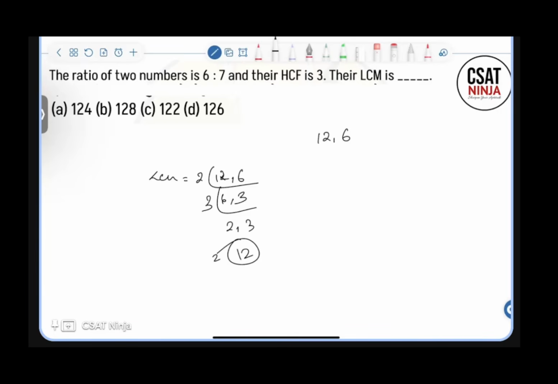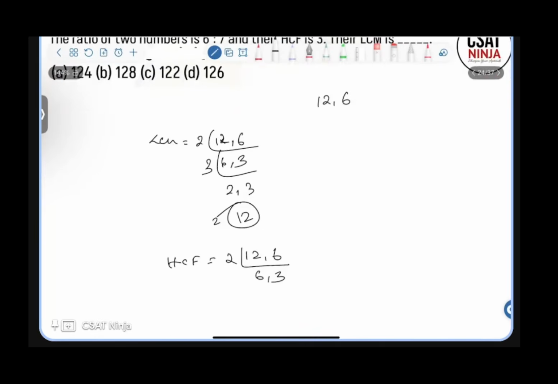What about the HCF of 12 and 6? 2 6s are 12, 2 3s are 6, and 3 2s are 6, 3 1s are 3. So I can stop here. Why? Because I have 1 here. So 2 into 3 is equal to 6. The HCF here is 6.